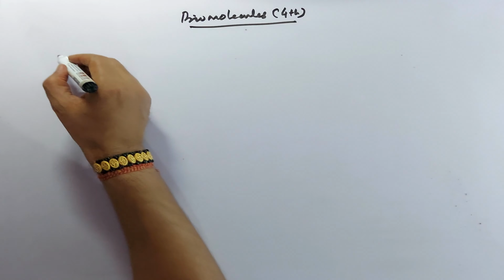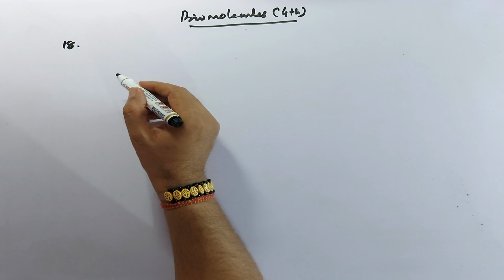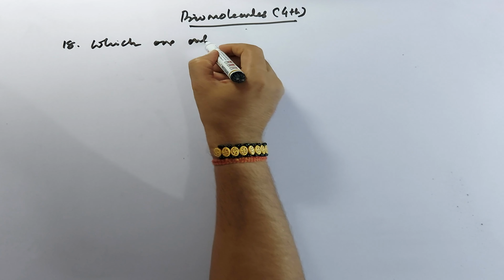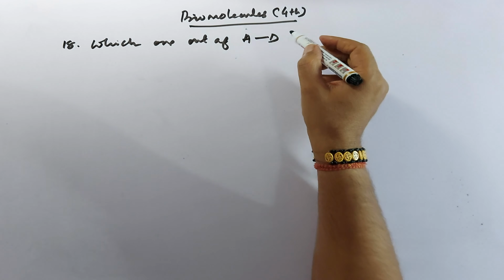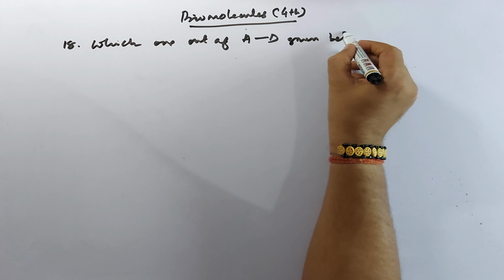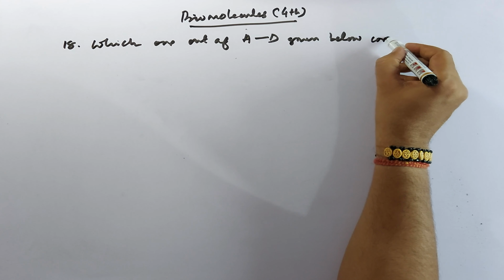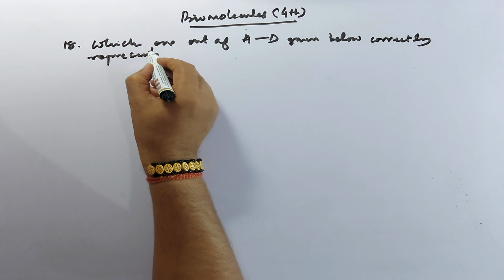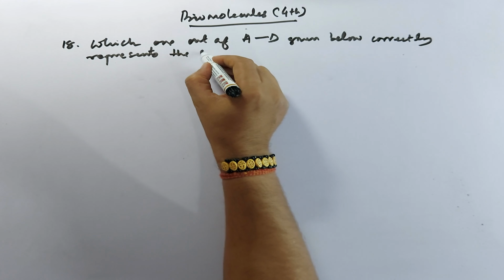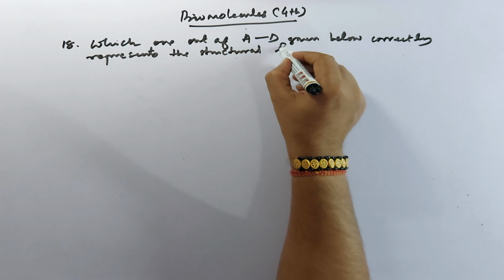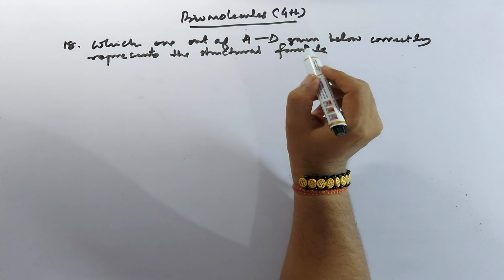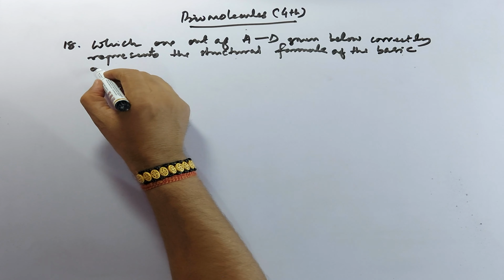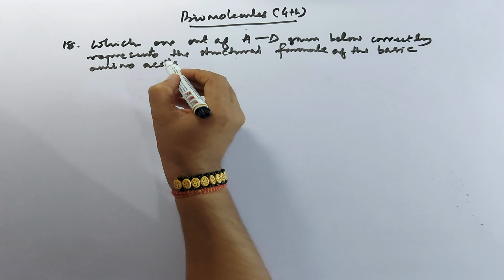Then question number 18: which one out of A to D given below correctly represents the structural formula of the basic amino acids?